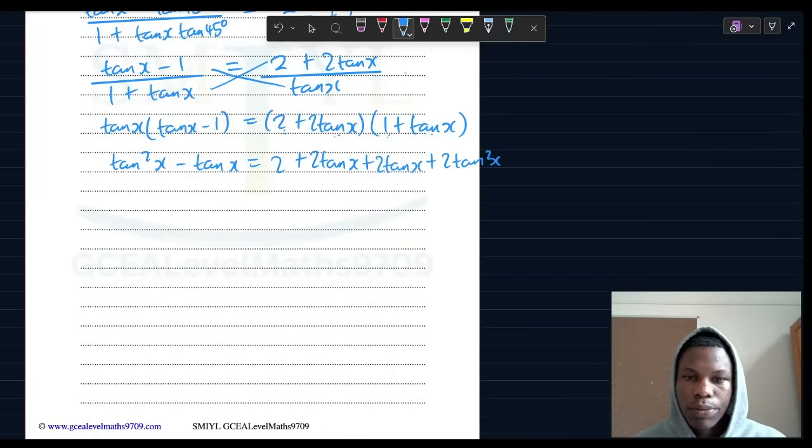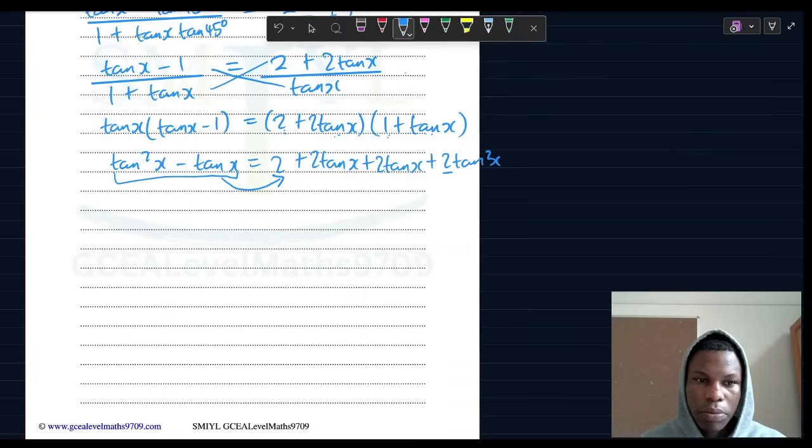And now let's put everything on one side. I think I'll move this stuff to the right because I want the coefficient on tan squared to be positive. Okay. So that becomes 2 tan squared x, which is there, minus the positive 1 tan squared on this side, so it becomes minus 1 tan squared x.